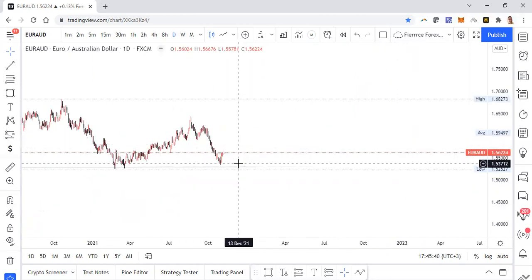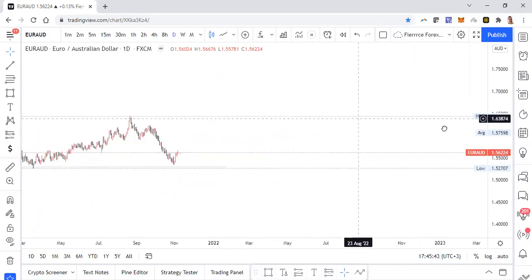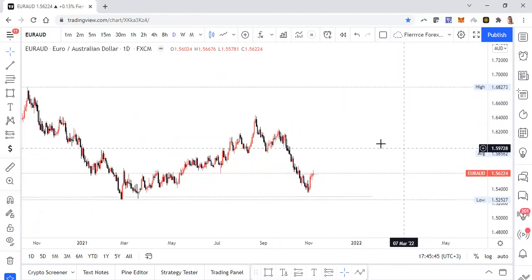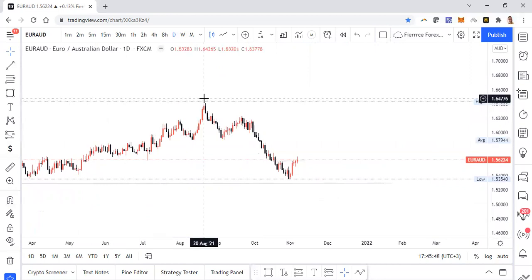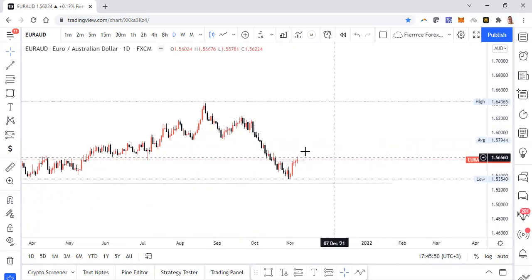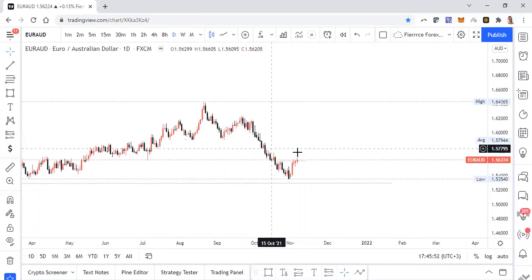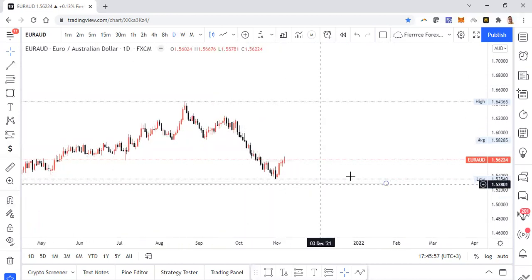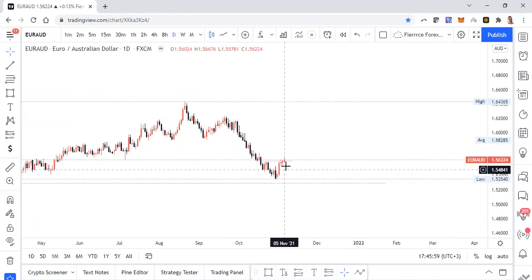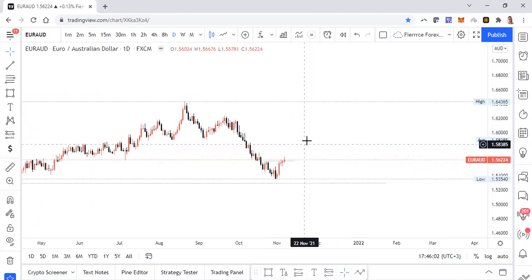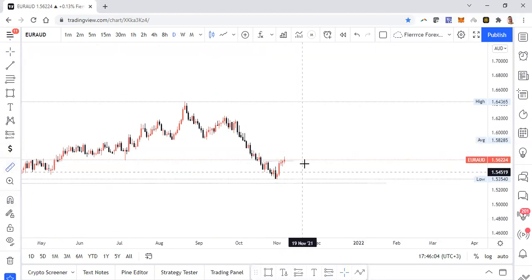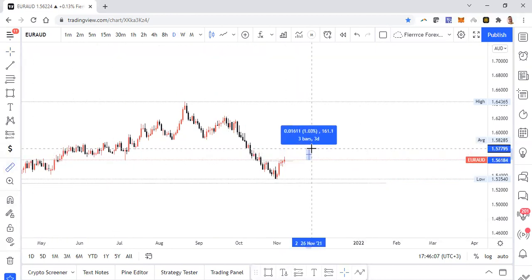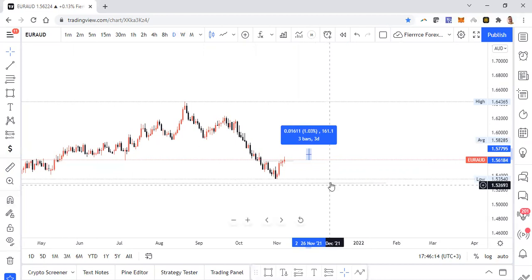So I'm still seeing we're moving up and down with no clear direction. Guys, if you're thinking about doing your entries, just make sure that you always dial it down to the lower time frame and see how you can scalp the market or day trade it. For now, we've rejected a key zone and we are beginning to push up. There's a possibility that we'll rally up maybe about 150, 160 pips before we see a continuation back down.